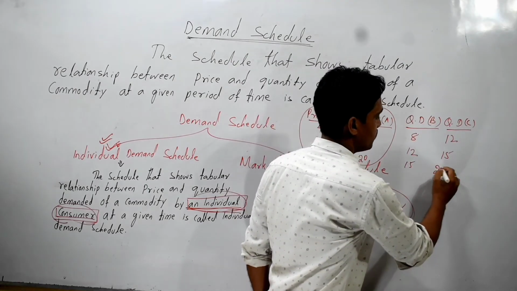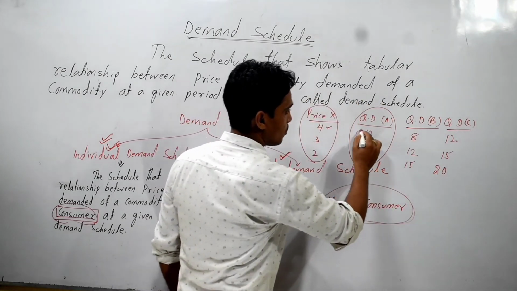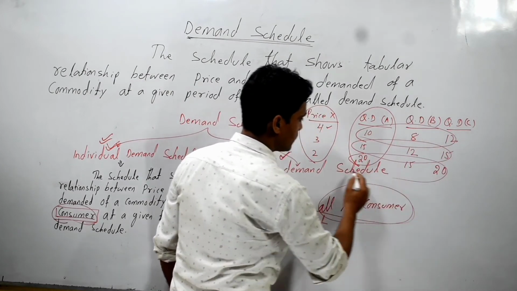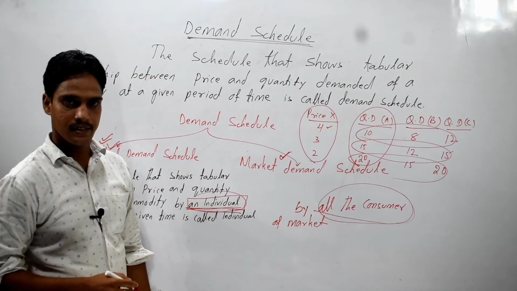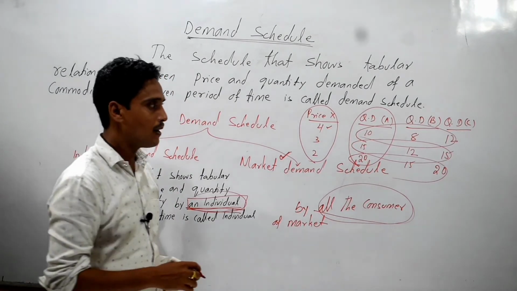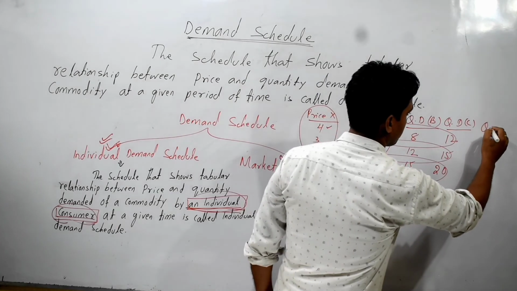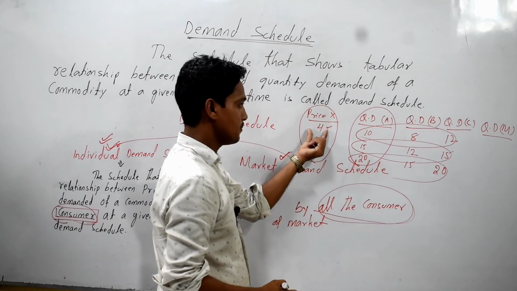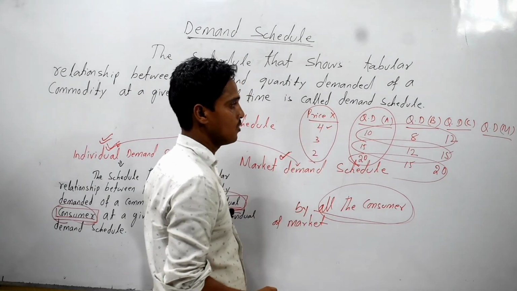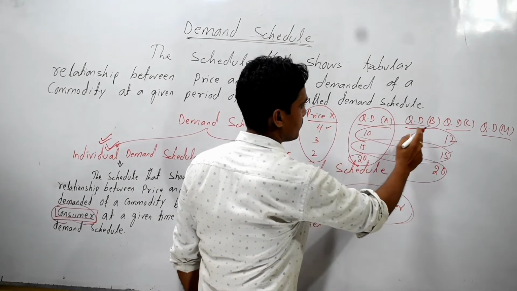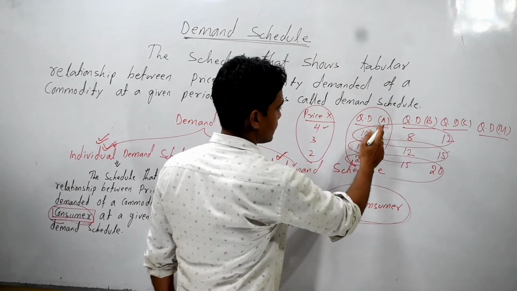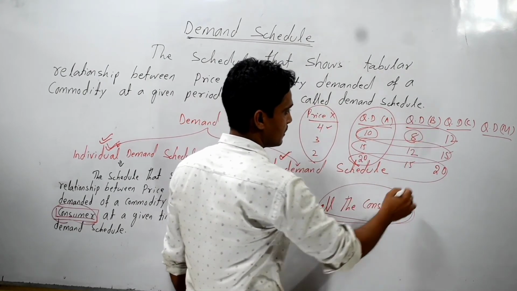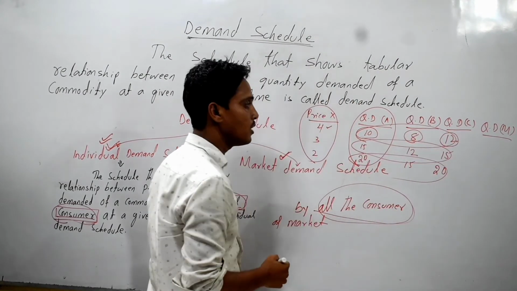When we total the demand of all the consumers at different prices, that is called market demand. So when the price of X is 4, A demands 10 units, B demands 8 units and C demands 12 units.